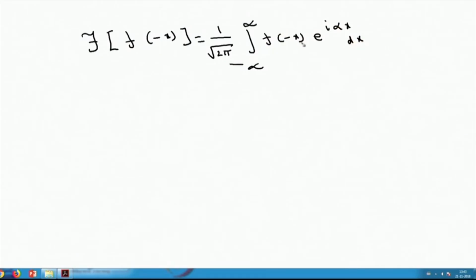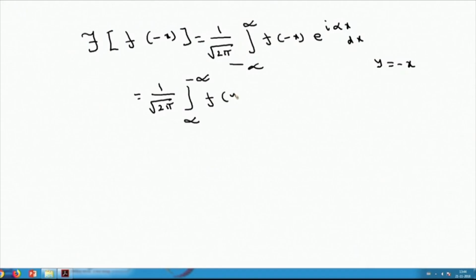Now, this x I cannot keep as minus x. So, we put y equals minus x in this equation. As x approaches infinity, y will approach minus infinity, and as x approaches plus infinity, y will approach minus infinity. So, the limit will be from infinity to minus infinity, since y equals minus x.